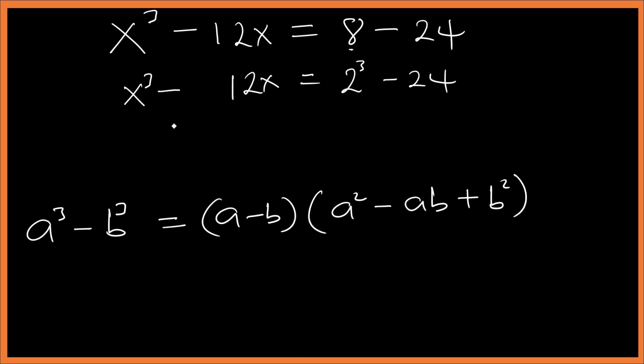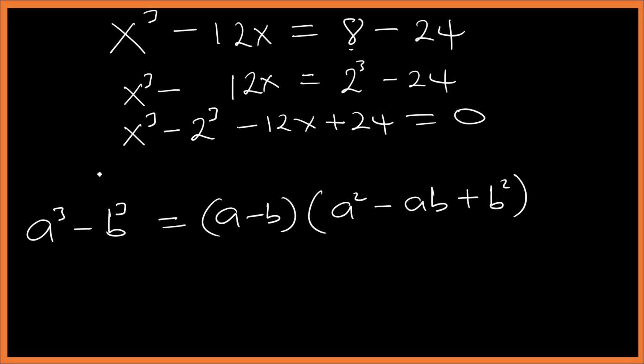So when we're given something like this, we can arrange it as x cubed minus 2 cubed minus 12x plus 24 equal to 0.